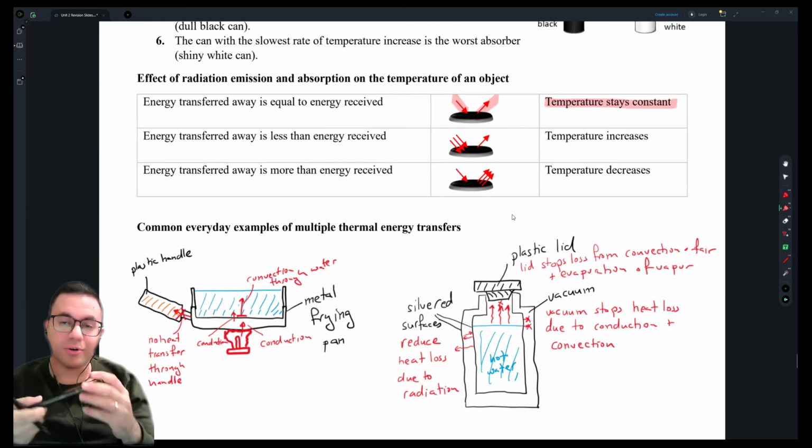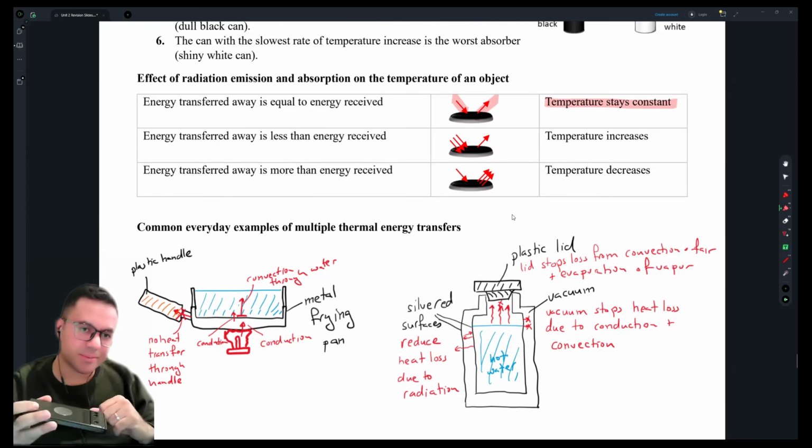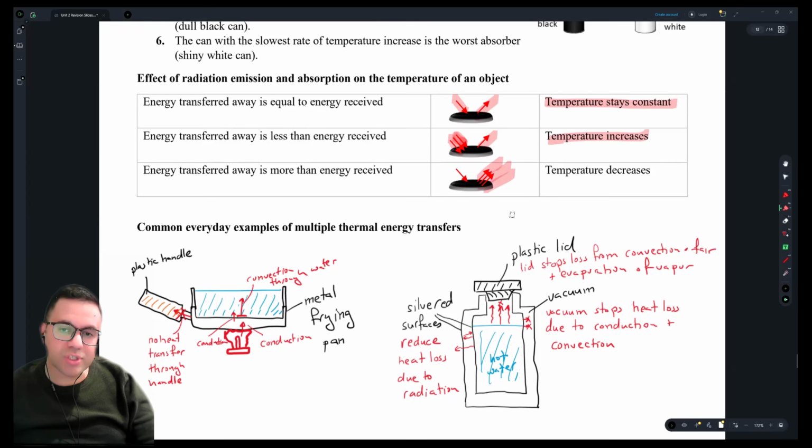So something like my phone is at a constant temperature. Why is it constant? Because it's gaining and losing heat at the same time. But if something is gaining more heat than it's losing, it heats up. And if something loses more heat than it's gaining, it cools down. So keep that in mind. Okay.